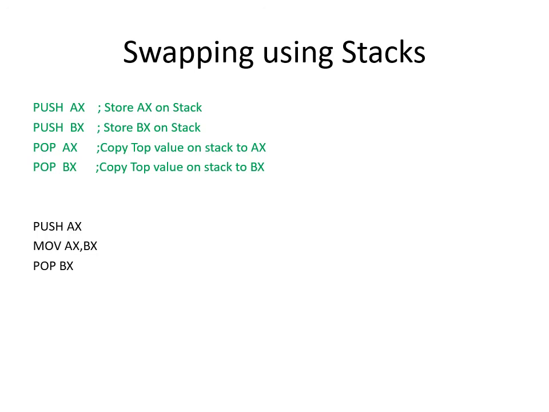Now BX should get the initial value of AX, and the initial value of AX is safe within the stack. How will we take it out? We have to use the pop command. So pop BX. Whatever was the top element of the stack will be popped out and saved in the BX register. So that's all. Thank you for listening.